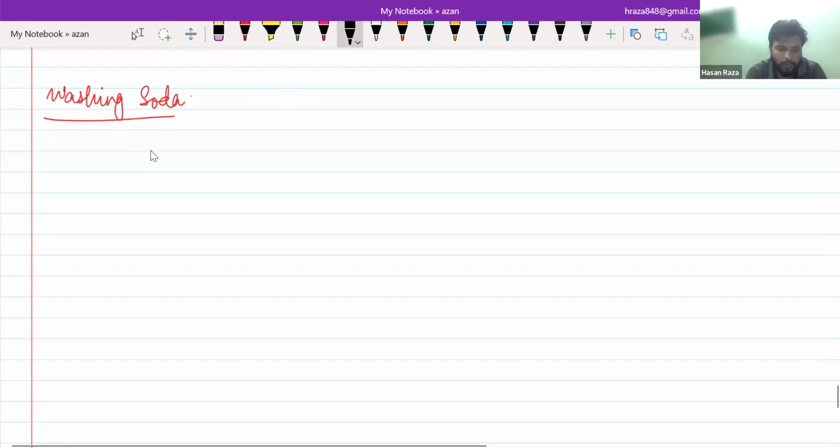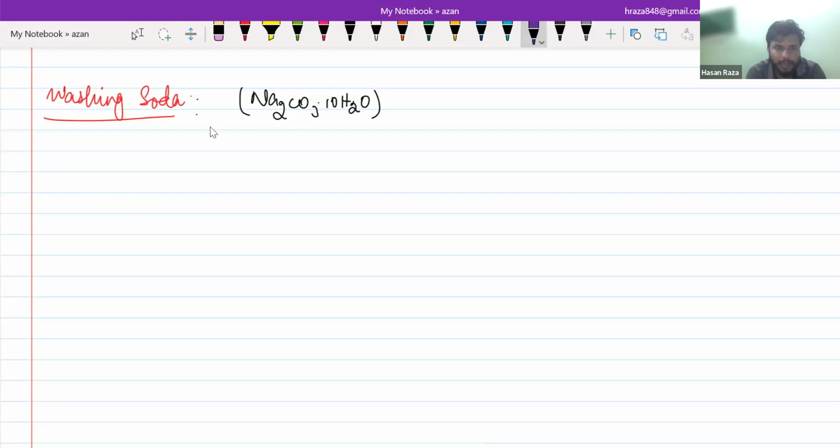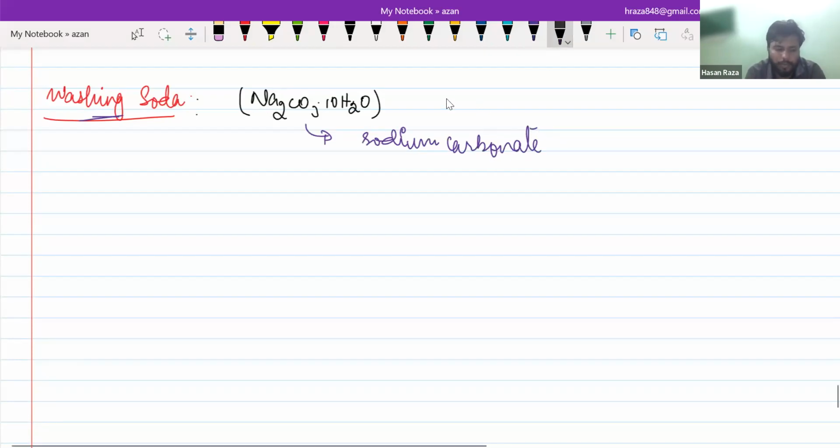You can see washing soda has the chemical formula Na2CO3 dot 10H2O. The common name is washing soda and its chemical name is basically sodium carbonate. Sodium carbonate.